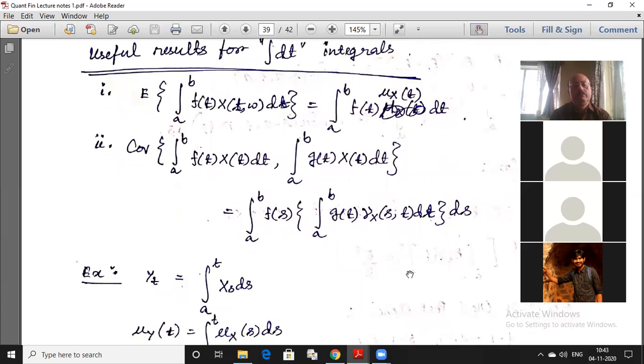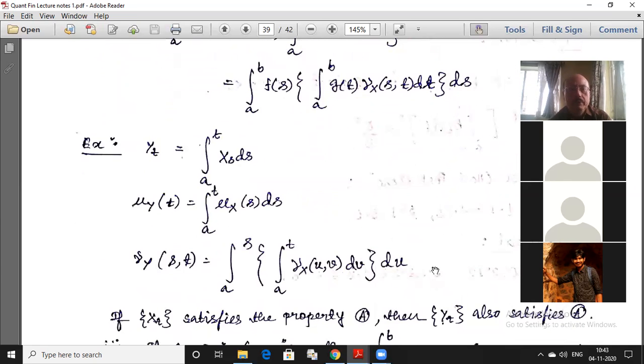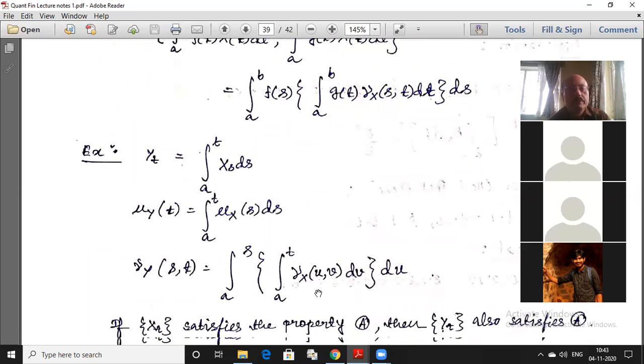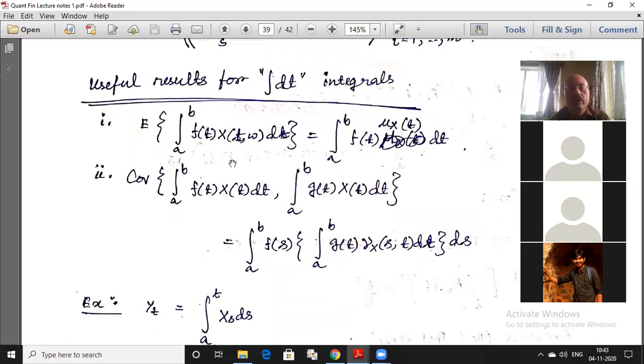Okay, so if I know the expectation and covariance, I basically know the whole distribution, because I am working with Gaussian distributions. Why are they useful? A simple example: if I take Y as an integral of the X process from a to b, then I can easily calculate the mean process of Y from the mean process of X. I will just use the first result here, where my f is identically 1.